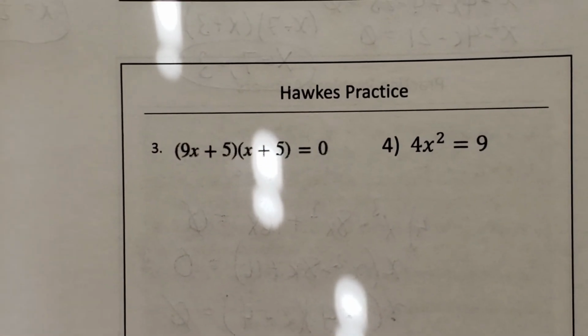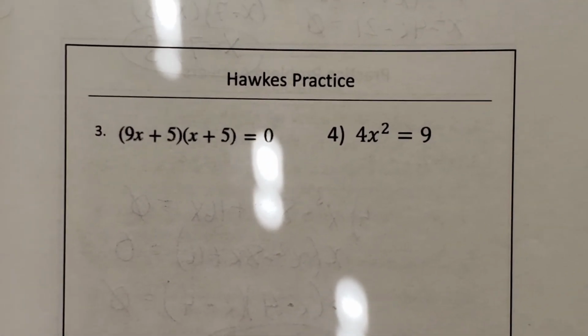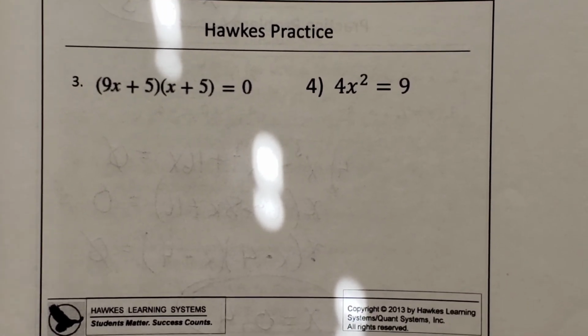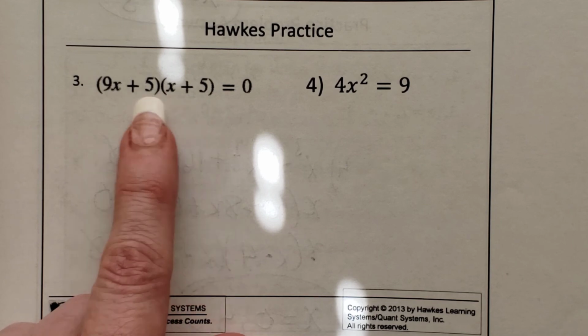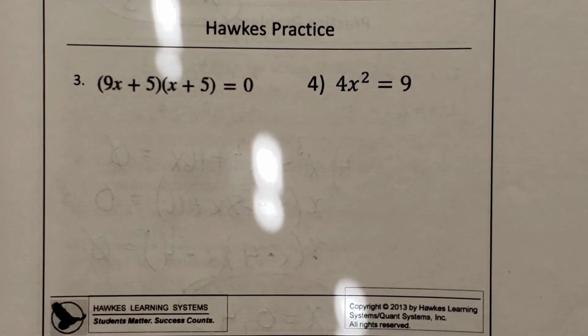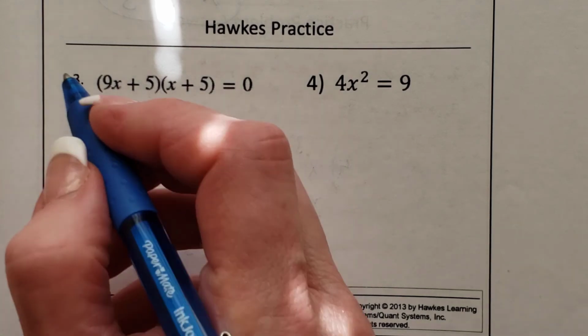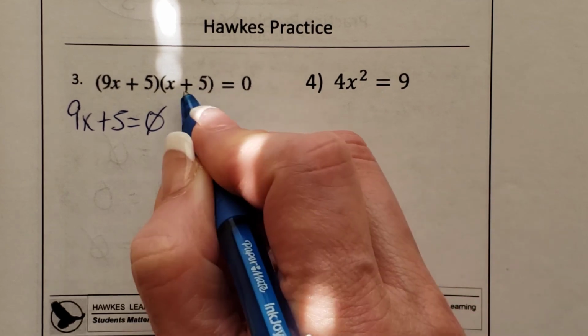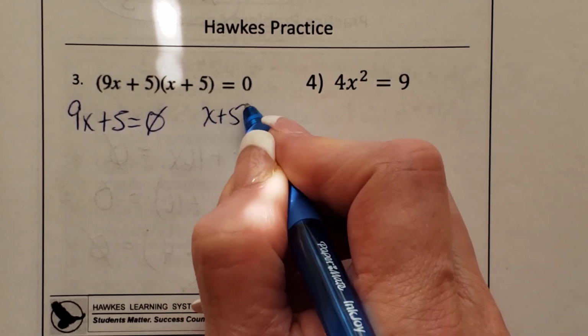All right, continuing on with my Hawks practice. I got two more. I have two binomials, and because they're both in parentheses, I'm going to set them equal to 0. So I have 9x plus 5 equal to 0, and x plus 5 equal to 0.